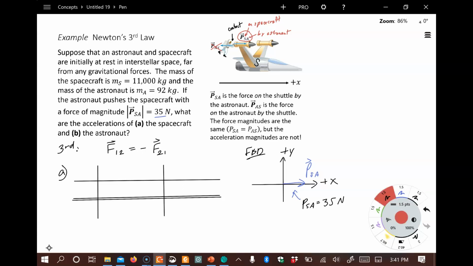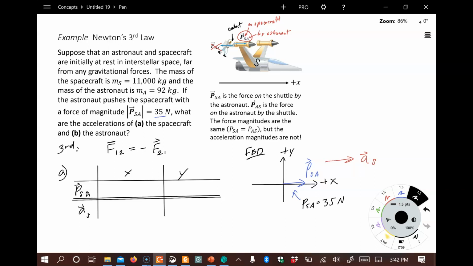Now we should draw the acceleration too on the side. Well, if there's only a single force on the space shuttle, then the space shuttle will accelerate in the direction of that force, right? So there we go. And again, that is x only as well. So we can write our stuff into the table here. We've got one force, the push on the space shuttle by the astronaut, and then separately we've got the acceleration of the space shuttle.